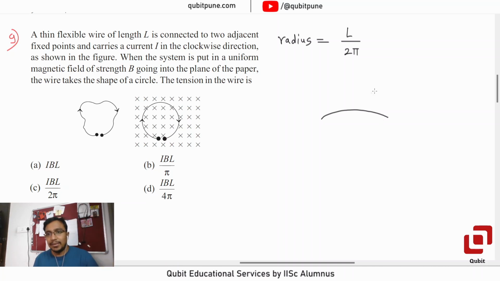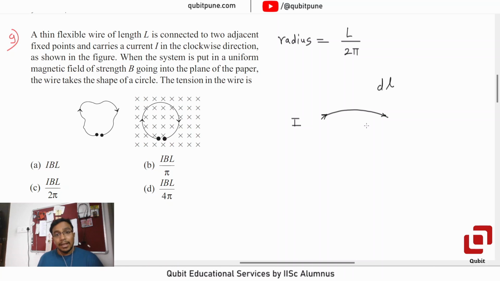Suppose this is the length element dl, and let us say that the current is flowing in this direction. The most convenient one to imagine is the one at the top.